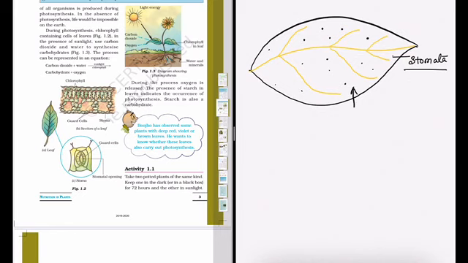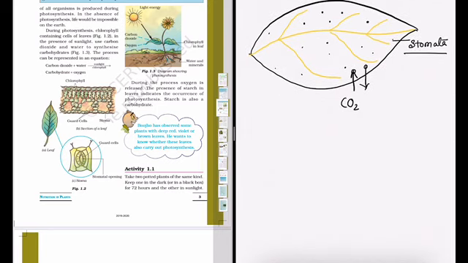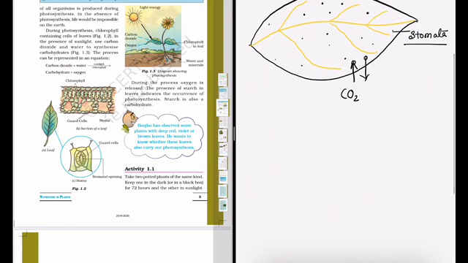So the gases can come out and go inside the leaf through the very small pores that are stomata. You have studied in smaller classes that the plant needs carbon dioxide for photosynthesis. So the carbon dioxide is entering the leaf through the stomata.